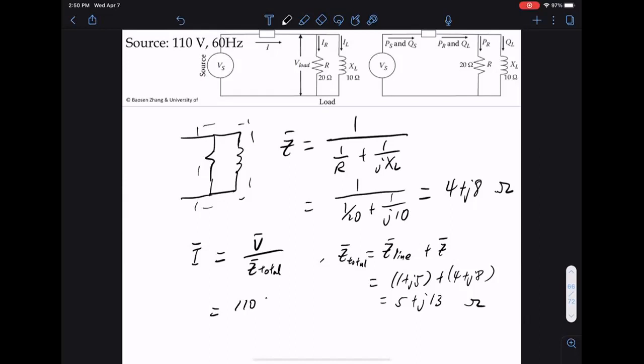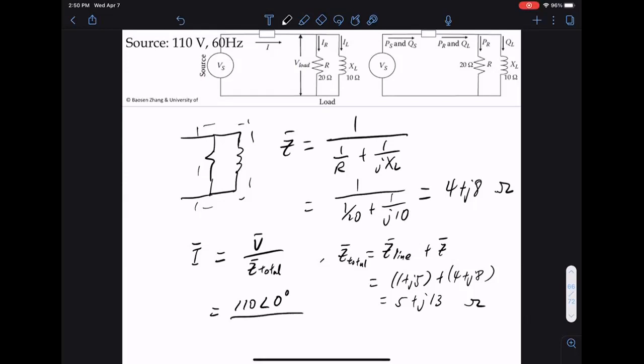That's the magnitude. How about the angle? What angle should I assume the voltage to be? 0, right? Angle is always in reference to something, so we may just as well take the angle reference to be 0 at the source. So we'll take this angle to be 0 degrees.